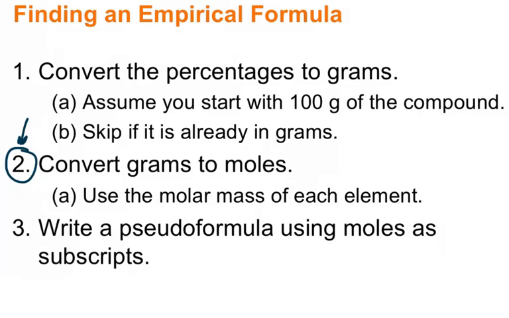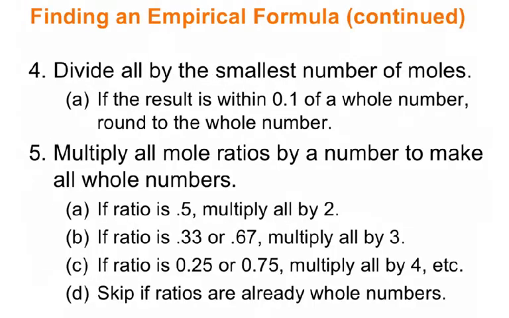Now, after you've converted them all to moles, then what you're going to look for, and really this is the second step, the way I teach it, is find out which of those moles is the lowest number. Once you determine which is the lowest number of moles, you're going to divide all your answers by the lowest number of moles, and you're going to get a number.